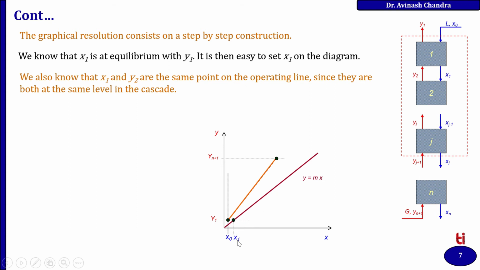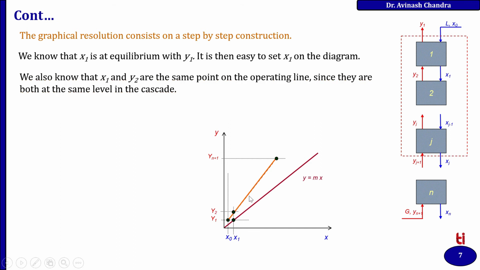This point shows the equilibrium concentration in the liquid in equilibrium with y1. So y1 and x1 are in equilibrium, and with respect to y1, the equilibrium value of x1 can be obtained from here.